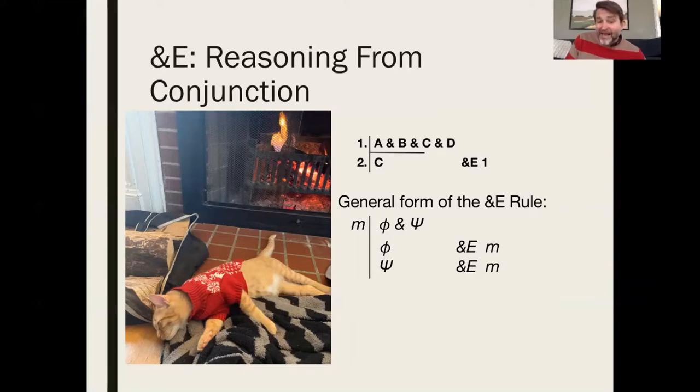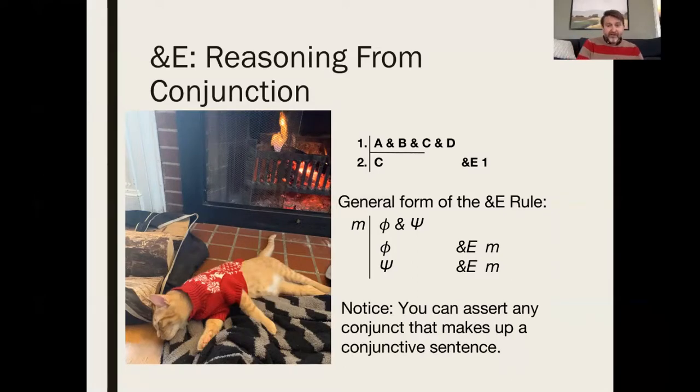Now, if we have a conjunctive statement like this one, and it could have more conjuncts like A and B and C and D above, we are justified in deriving either of the conjuncts, either phi or psi, from this conjunctive statement. The reason, again, is that the only way for a conjunctive statement to be true is for each of its conjuncts to be true. So if we know a conjunctive statement, then we also have a guarantee that each of the conjuncts that make up that conjunctive statement are also true in their own right.